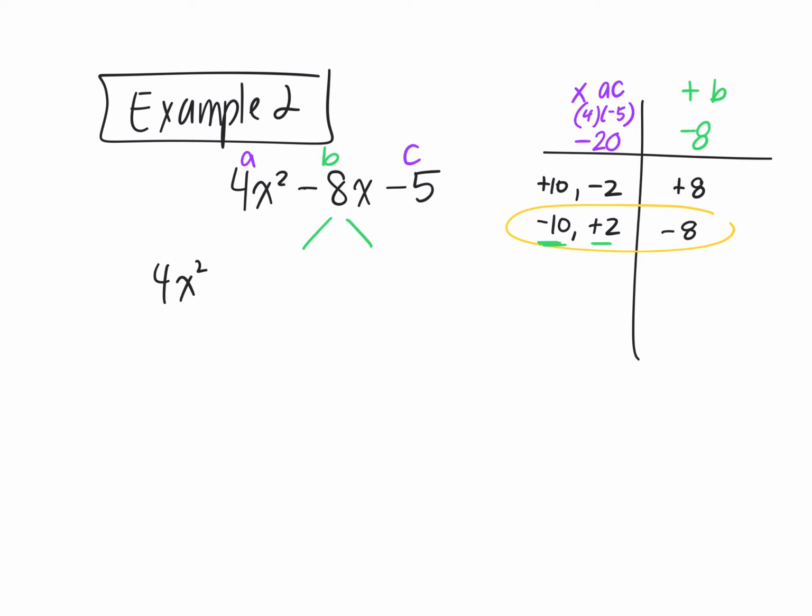Okay, plus 2x. And then we have minus 10x minus 5. So once again, you're basically just breaking apart this negative 8, positive 2, minus 10 is negative 8. So you're just breaking it apart and you're grouping it.